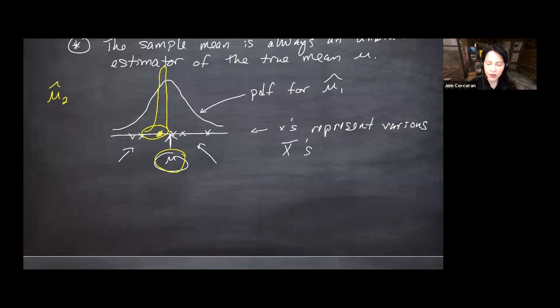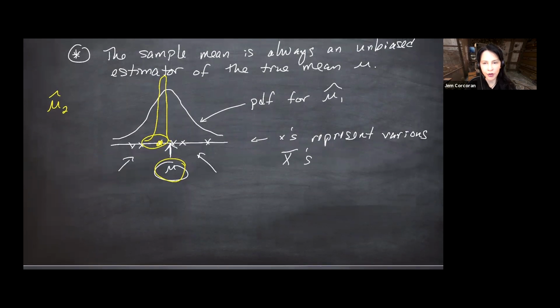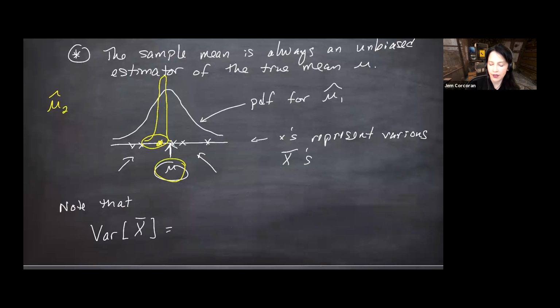So while we're looking at the sample mean, let's look at the variance. We can also do that without a specific distribution. Note that the variance of X bar, the sample mean, is the variance of 1 over n times the sum as i goes from 1 to n of the Xi. We can pull constants out of variances, but they come out squared.